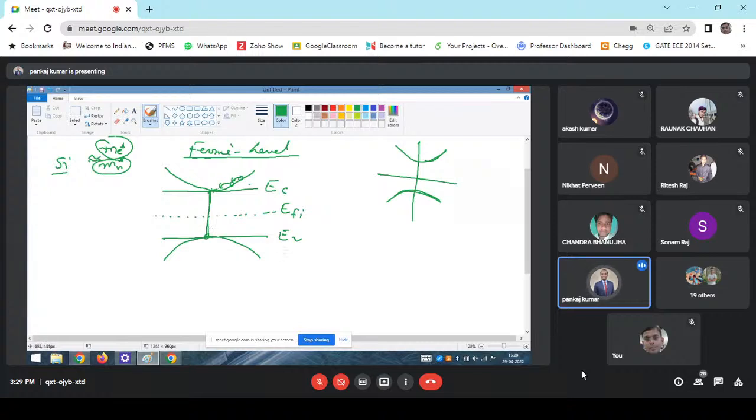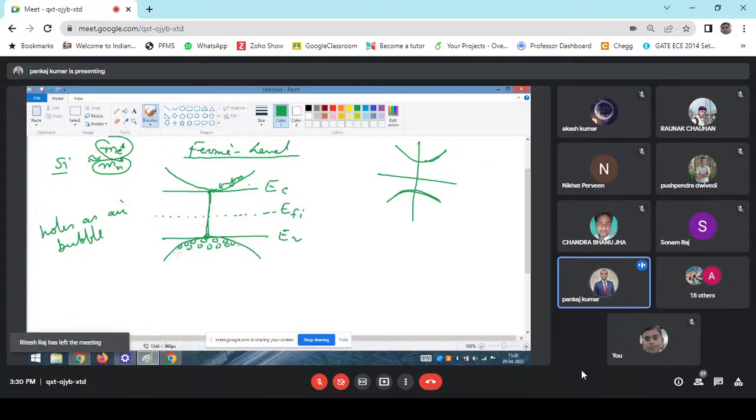In the same manner, all the holes, how do we define holes? We generally define holes as an air bubble. So holes always occupy the top of your valence band. Holes are what?